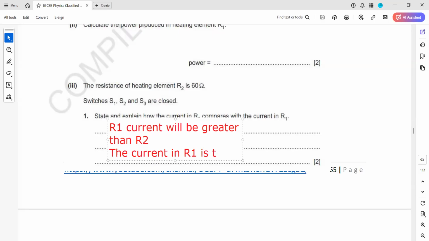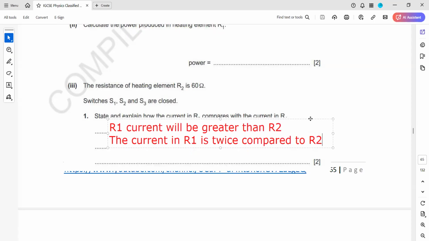Yes, you can use the word twice compared to R2, as the ratio of the current is 2:1 between R1 and R2. Now, if you write, for example, the current in R2 is twice as compared to R1, that is wrong. If you write the current in R1 is twice as compared to R2, you will score both marks.